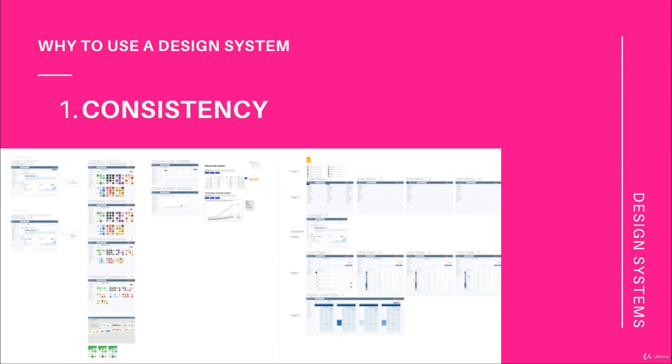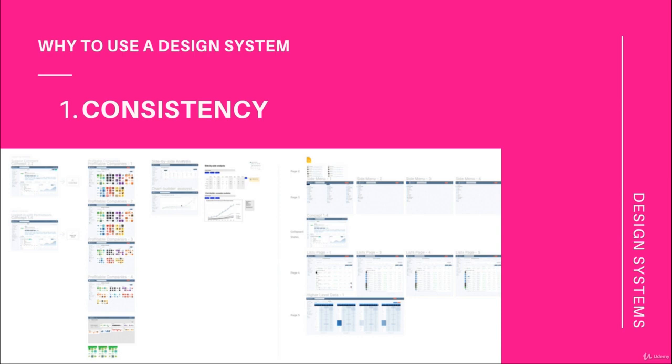So the very first one, of course, is consistency. Let's pretend that you're working on a project which has 100 screens. Well, a design system allows you to essentially create a one point source of truth in order to have consistency when it comes to things like typography, color styles, and even components.